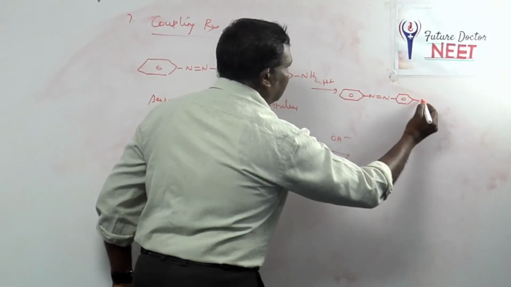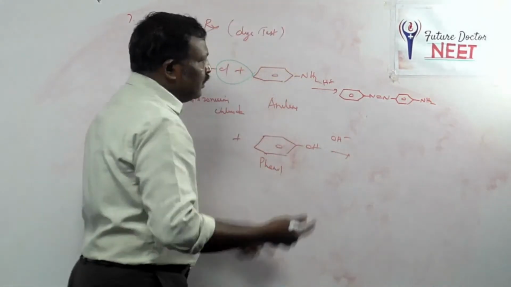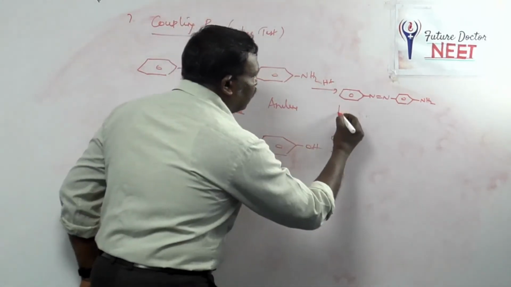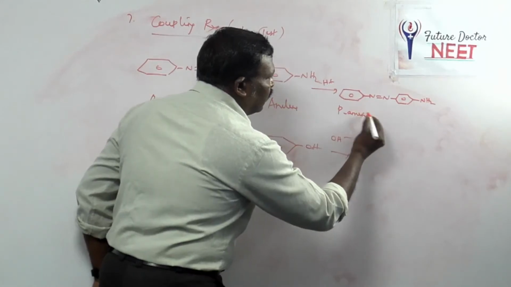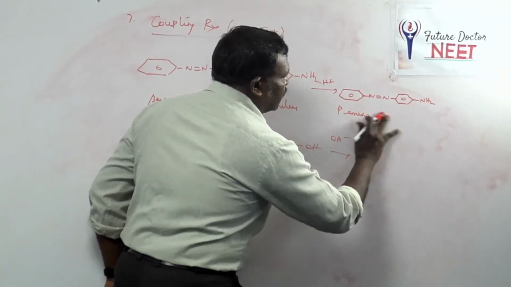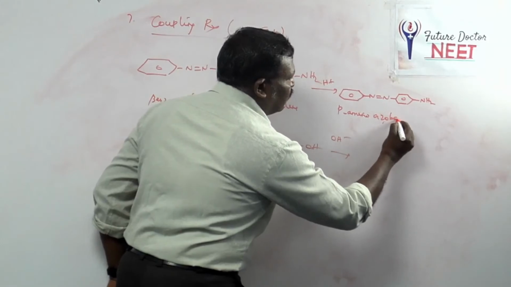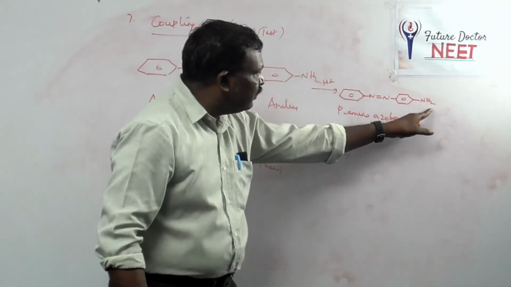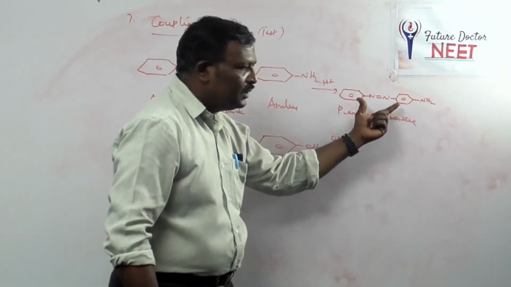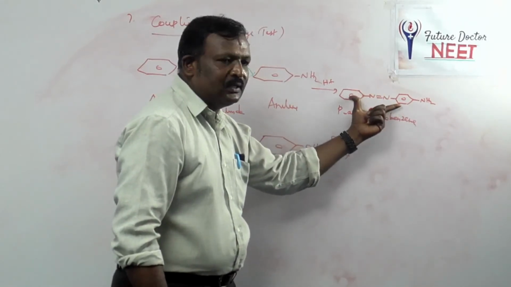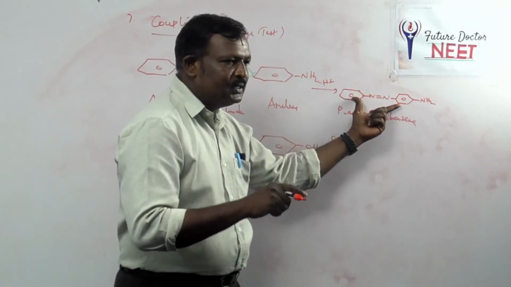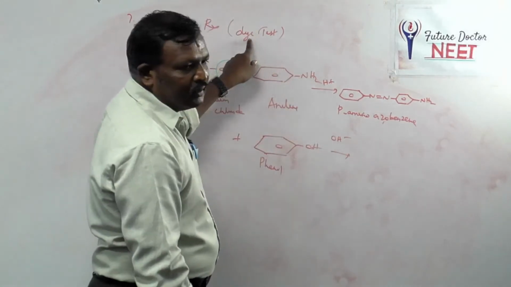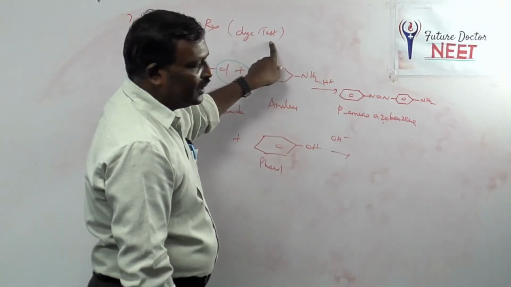What's the name of the compound? The para position has an amino group. So para amino azo benzene. Understood? Don't say diazo dibenzene; generally we say benzene only one time. So para amino azo benzene. It's one of the dyes. That is what we call the dye test.